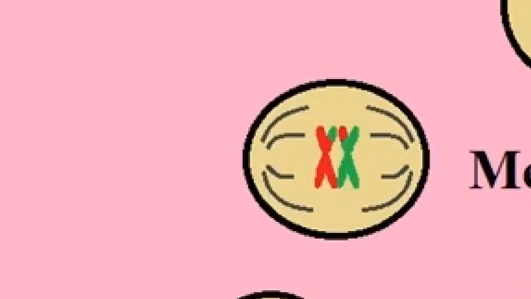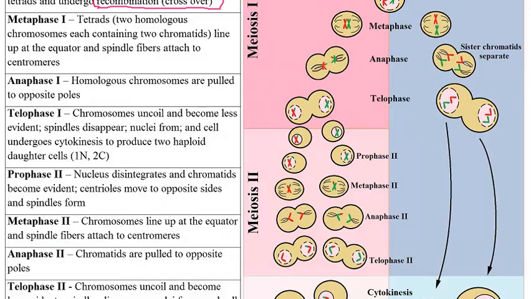Here you can see that I've already shown you that the recombination has happened. Now during metaphase 1, similar to what happened in mitosis, the chromosomes will line up at the equator and spindle fibers will attach to their centromeres. Next we have anaphase 1. Again, similar to what happened in mitosis, the homologous chromosomes are pulled apart to the opposite poles.